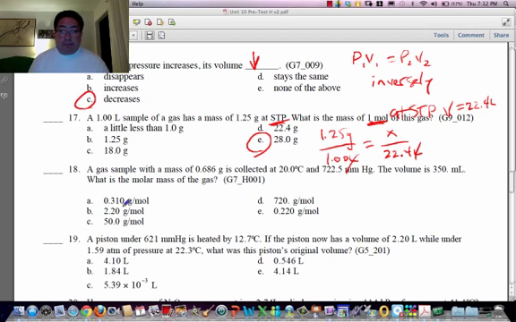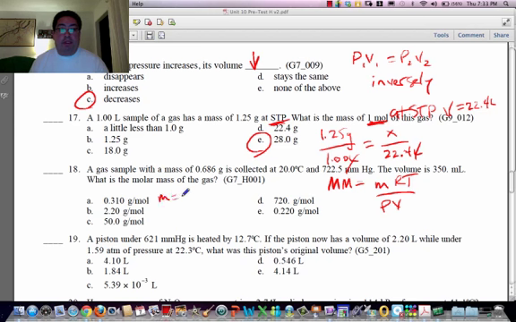18, a sample of gas. You want the molar mass of the gas here. Remember the molar mass is equal to mRT over PV. Now we just need to find all of our numbers.